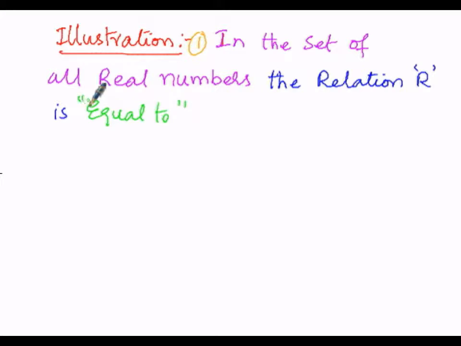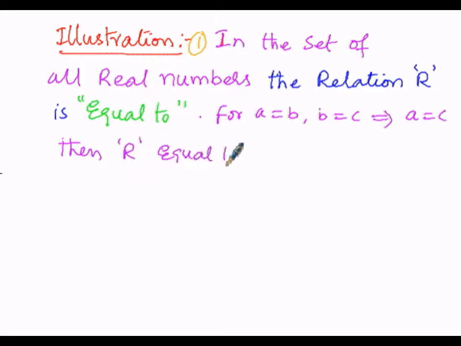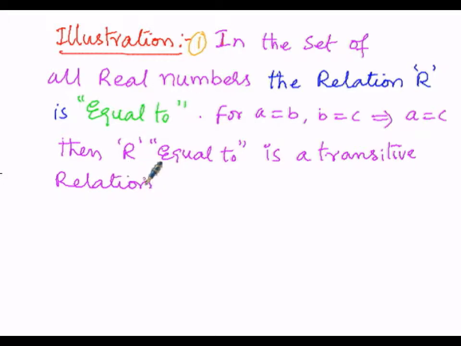Here we suppose the relation property is equals to; then for A equal to B and B equal to C, that implies A will be equal to C. Then relation R, that is equal to, is a transitive relation.